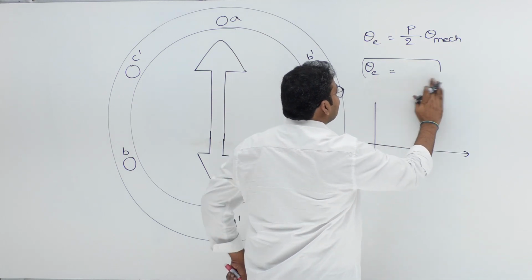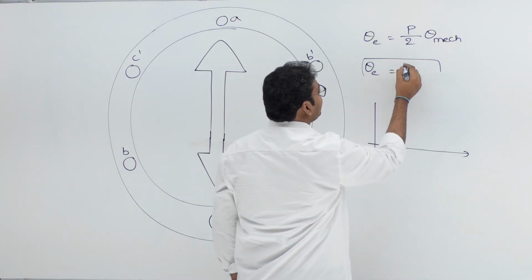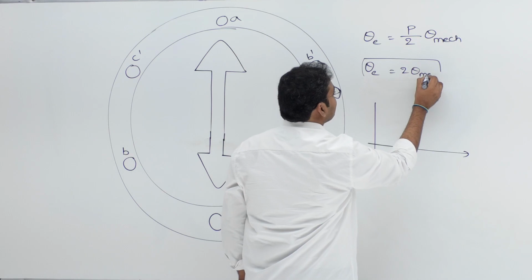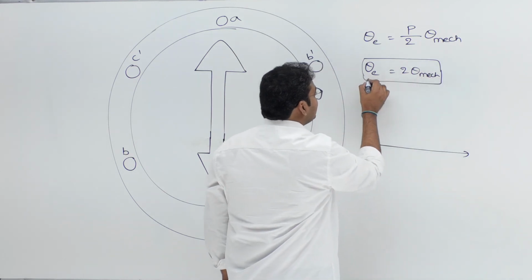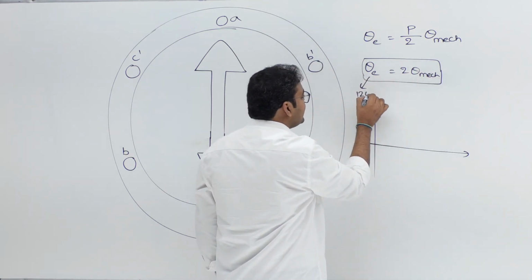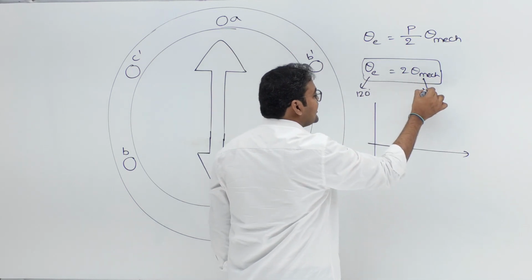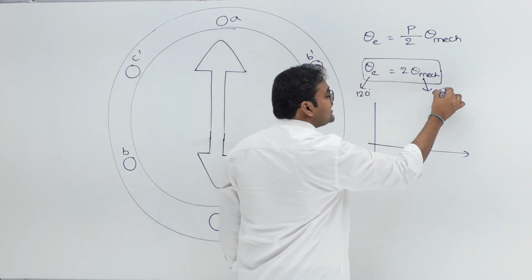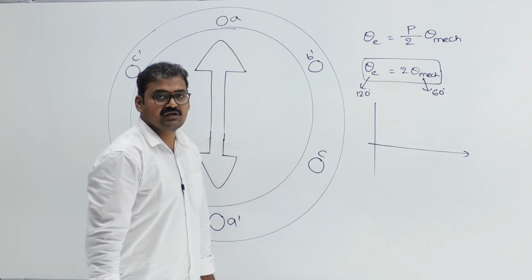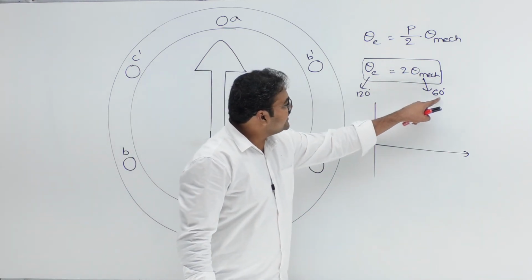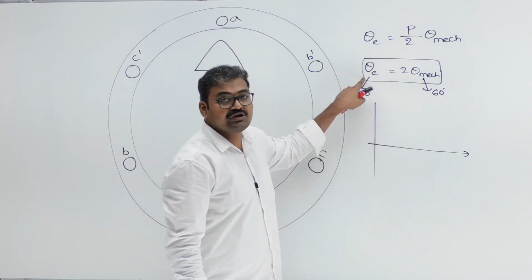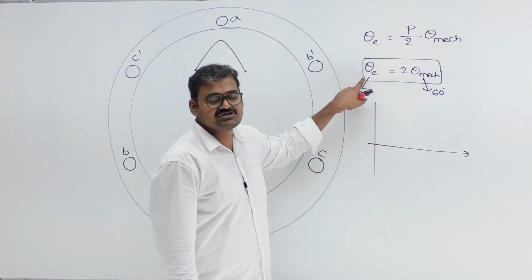Yes, electrical angle will be equal to 4 by 2, 2 times the mechanical angle. Therefore, if you need 120 degrees electrical displacement, then you have to provide 60 degrees mechanical displacement. If you provide 60 degrees mechanical displacement, then only 120 degrees electrical displacement will come into picture.